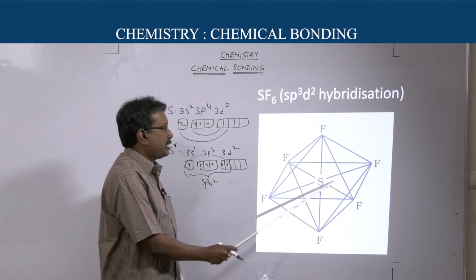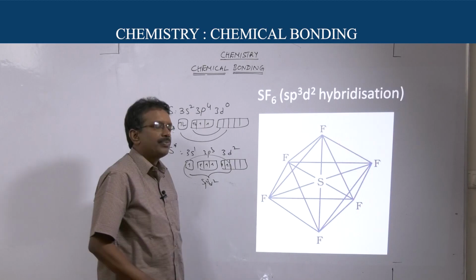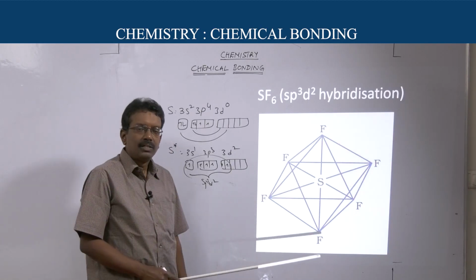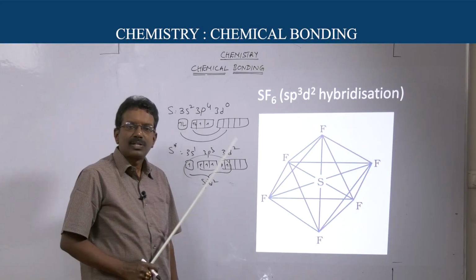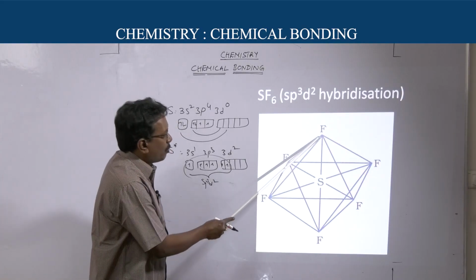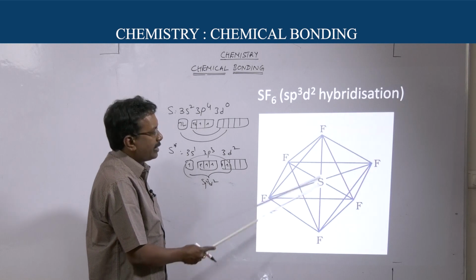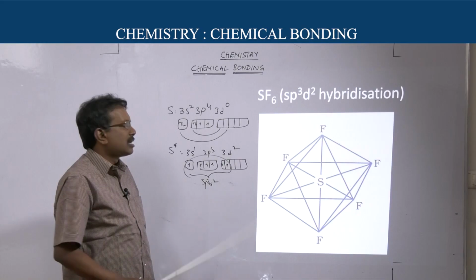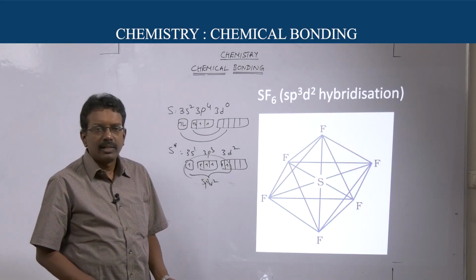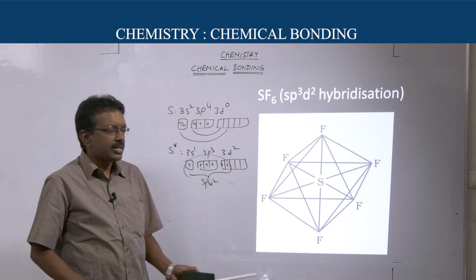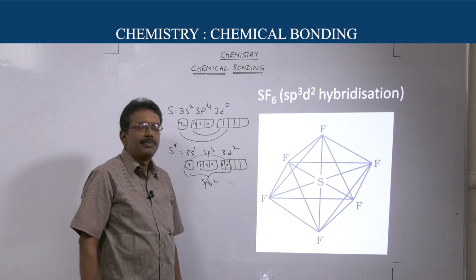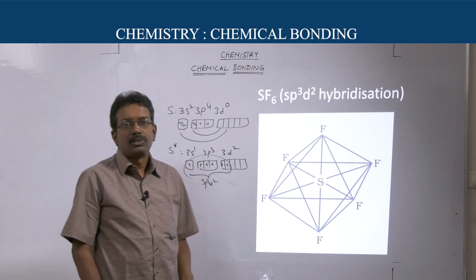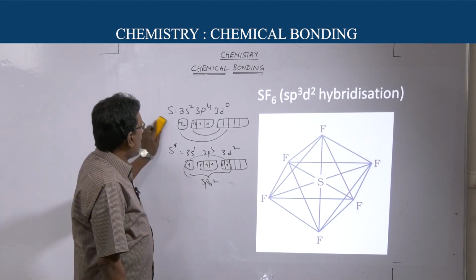Then all those 6 hybrid orbitals, to acquire minimum repulsion, are arranged in the octahedral structure, also called the square bipyramidal structure: a square plane, one above the plane and one below the plane. Here all electron pairs participate in bonding, no lone pairs are there, regular geometry, octahedral structure, and we are getting the SF6 molecule. Now, after observing all these examples, let us summarize all these points.